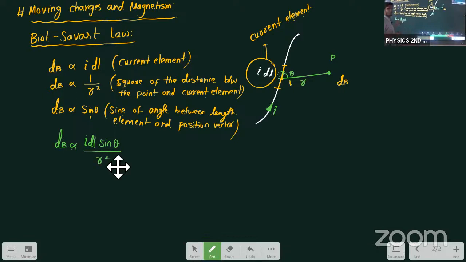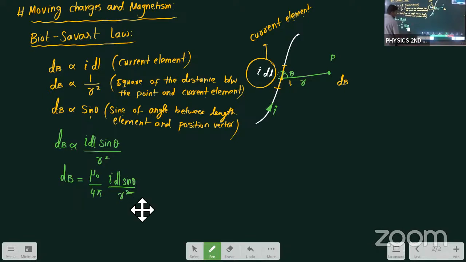If I remove this proportional symbol, what am I supposed to include? I am supposed to include a constant. And that constant is given as dB is equals to mu naught divided by 4 pi I dl sine theta divided by r square.